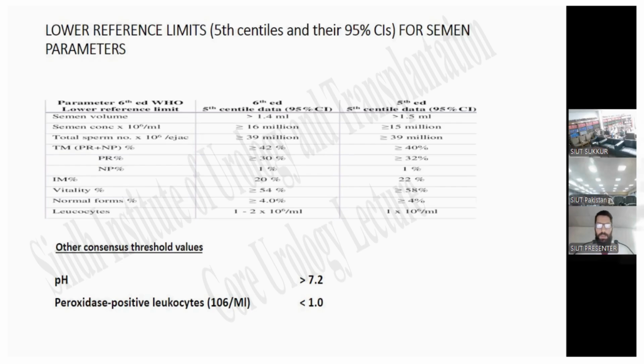Non-progressive motile should be around 1%, and more than 58 to 60% of sperm should be viable. Normal forms should be more than or equal to 4%, and leukocytes should be within the range of 1 to 2 x 10^6 per ml. The pH of the semen should be more than 7.2, and peroxidase positive leukocytes should be less than 1.